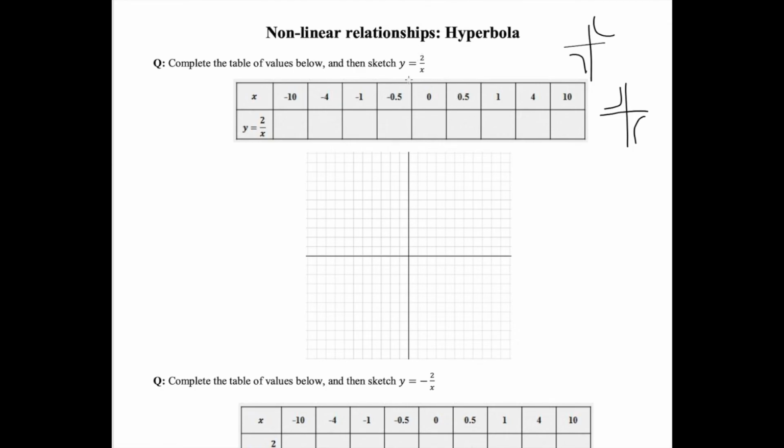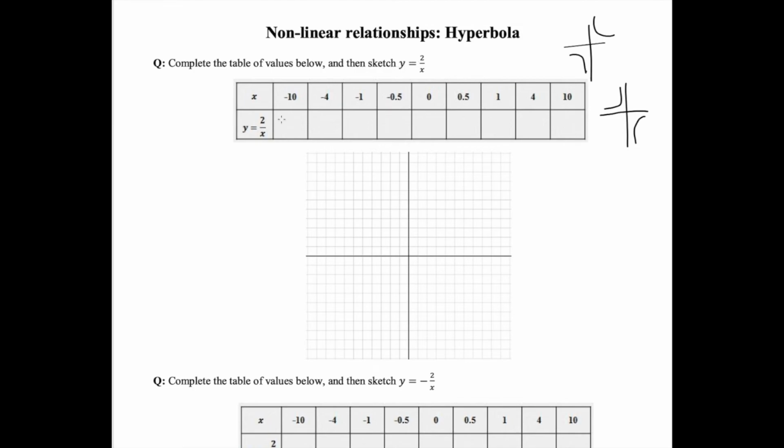To draw a hyperbola like this, we can make a table of values. In the beginning, this is what you'll be doing. But as you become more experienced with drawing hyperbolas, you can hopefully draw a hyperbola without using a table of values. So let's get started. To find the y coordinate, you substitute the x coordinate into the equation and you get the y value.